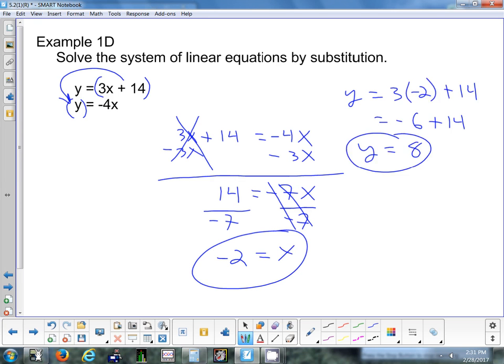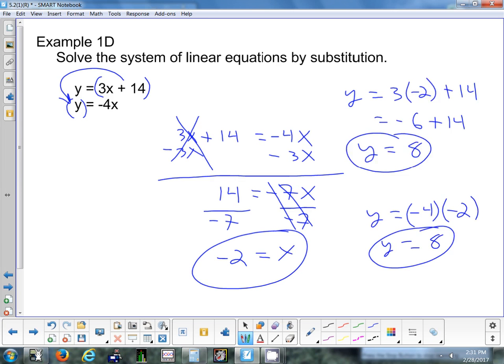Let's see what happens if we did the bottom one. What if you did the bottom one? How would you write that one out? Kyle? Y equals negative 4 in parentheses negative 2. And what's negative 4 times negative 2? 8. You're not wrong choosing the top one, but why would the bottom one be a better option?